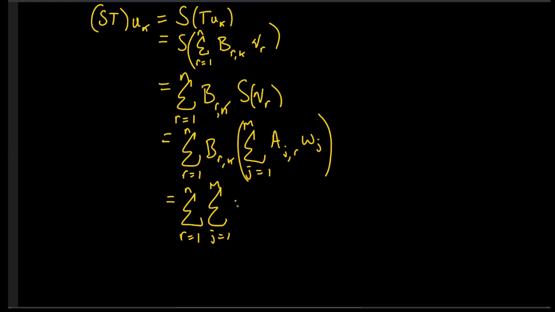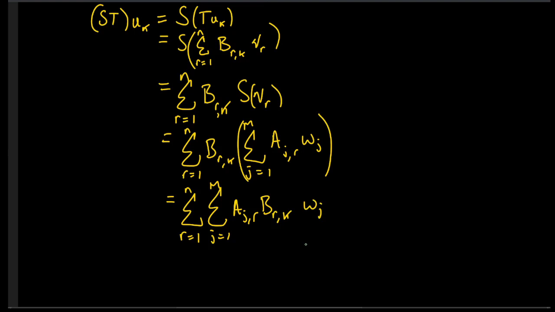I can write it as B_rk A_jr since these are just field elements, but I might as well write it in the reverse order since it looks a little bit nicer: A_jr B_rk. Both of these are just field elements, so it doesn't matter what order you write the multiplication. And now you've got your W_j here.